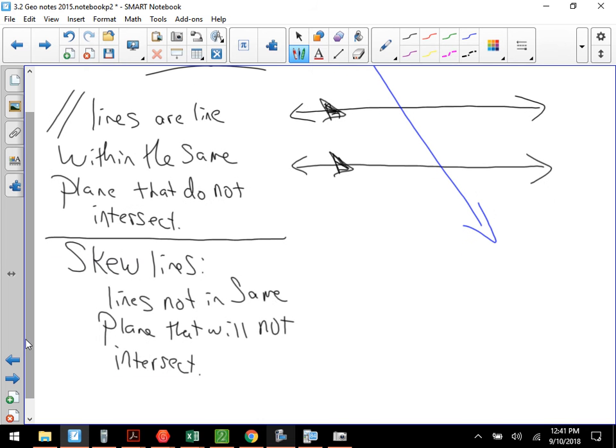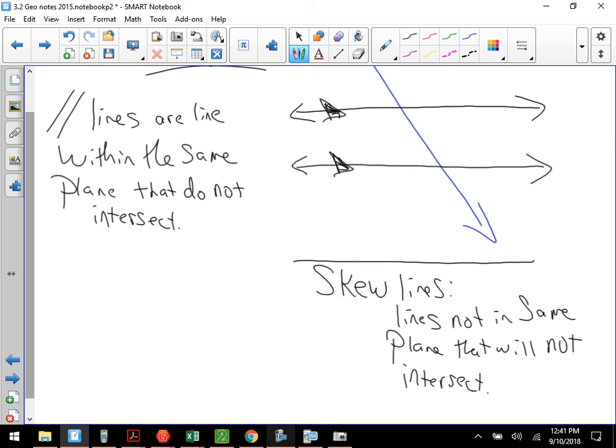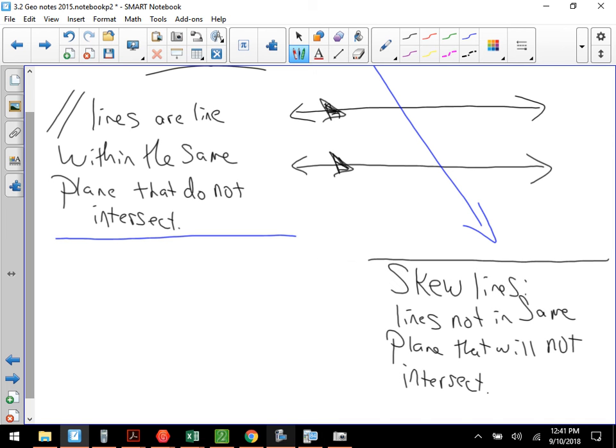What does that say? Transversal. Any line that intersects two or more lines. Real fancy. We use it all the time, though.